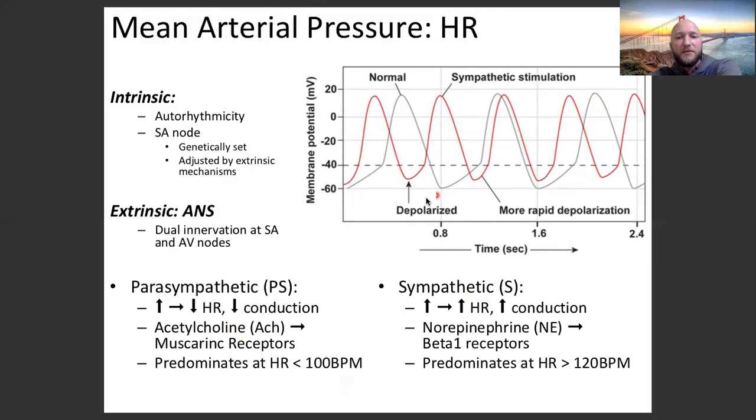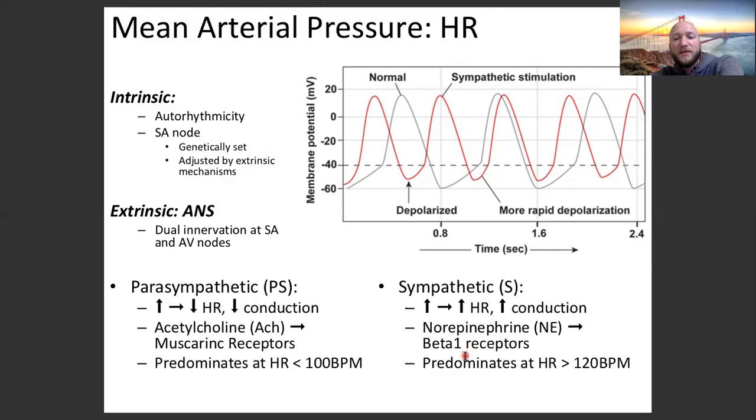With the sympathetic nervous system, if you increase the frequency of signals, you will increase heart rate and increase conduction. The sympathetic nervous system will release norepinephrine onto the SA and AV nodes, and they will bind to beta-1 receptors.